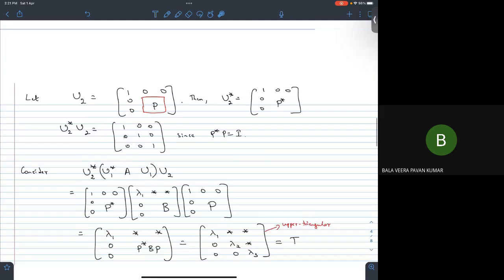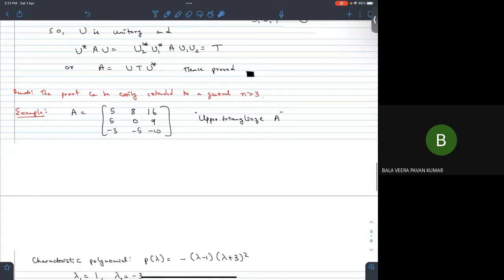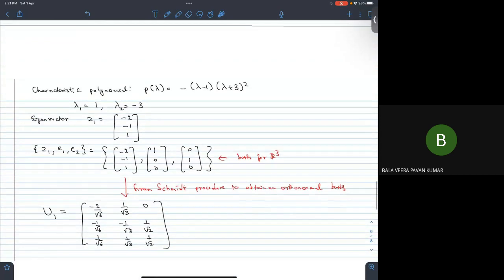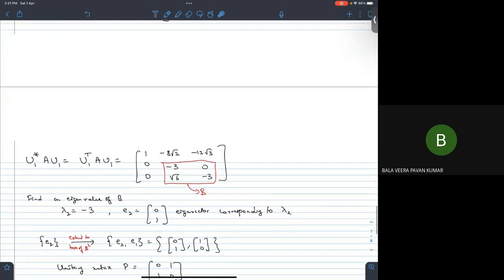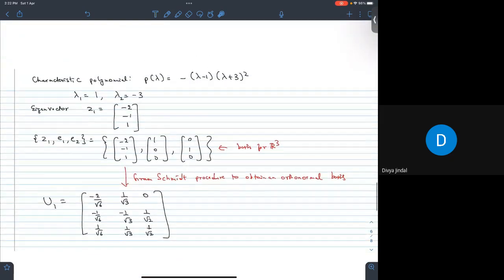Maybe the example will help you better. Look at this U1, look at these entries. Could we also avoid calculating this? We don't really need them.